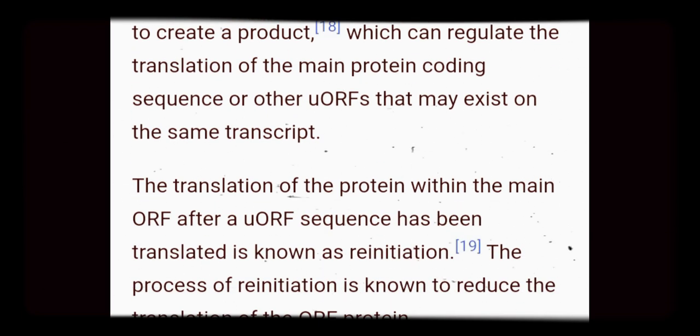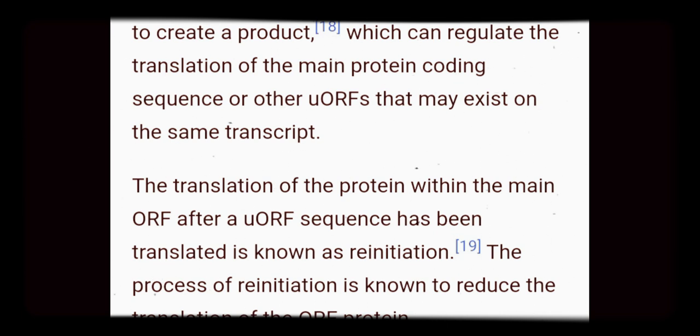The process of reinitiation is known to reduce the translation of the main ORF protein. Because the upstream open reading frame allows the translation to begin, after so much of the translation process, the ribosome will leave that mRNA and not translate the main open reading frame, because of the utilization of the amino acids for the formation of protein from that upstream open reading frame.